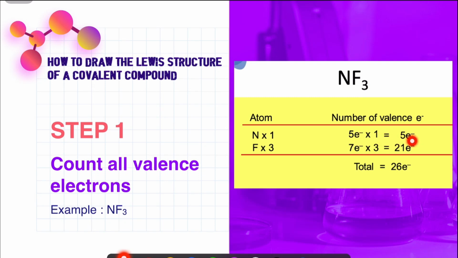For the fluorine, each fluorine has 7 valence electrons, but there are 3 fluorine, so the total valence electron for the fluorine is 21, and the total valence electron in NF3 is 26 electrons.